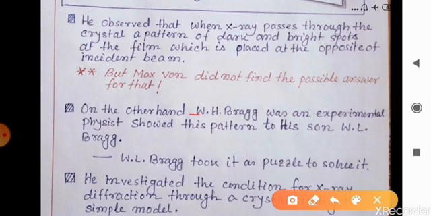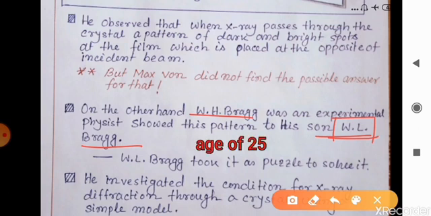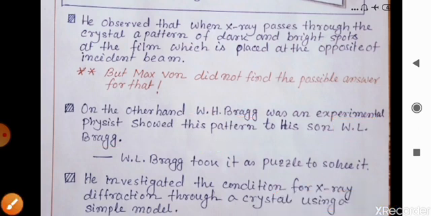W.H. Bragg was an experimental physicist and his son, William Lawrence Bragg, was a theoretical physicist. There is an interesting story in physics that W.L. Bragg, the son, got the Nobel Prize at the age of only 26, and he is the youngest Nobel laureate in physics.